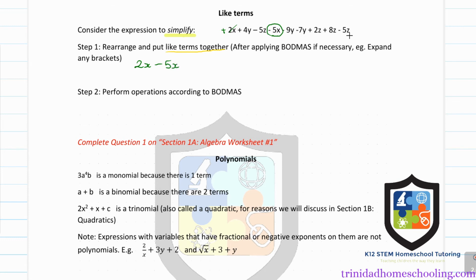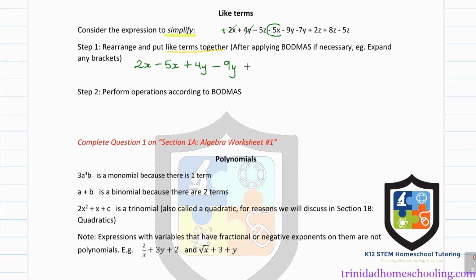Are there any more x terms? No. So let's look at the y now. We have positive 4y. Do we have any other y terms? Yes, we have here a negative 9y. So we're going to put negative 9y.